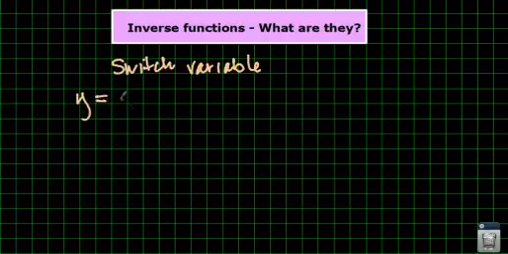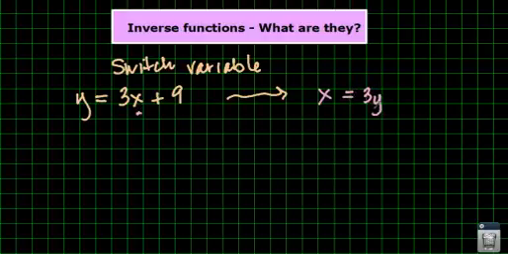So if I'm trying to find the inverse of, let's say, y equals 3x plus 9, everywhere I see y, I put an x, and everywhere I see x, I put in y. And in math, we always solve in terms of y, so that means we're going to isolate y.